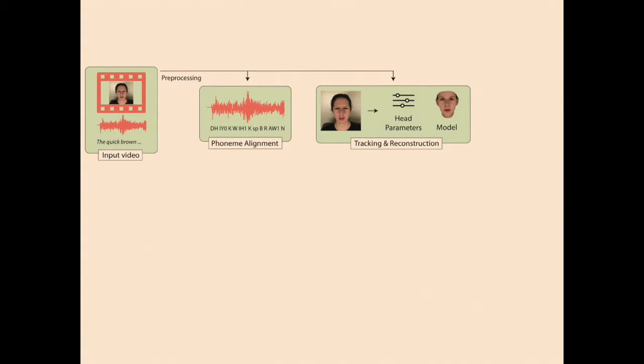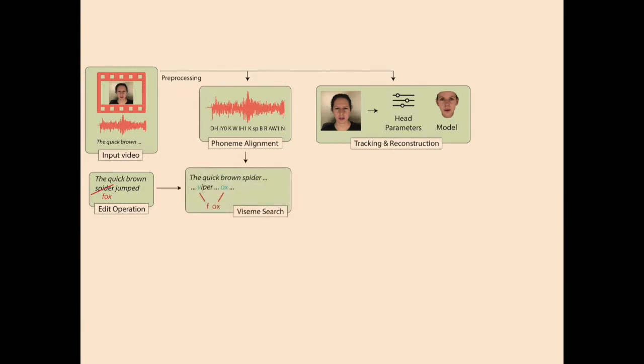Okay? And then we also take an edit from the user. So here I'm replacing the word spider with the word fox. We figure out where the phonemes of the word fox appear in the original video, right? She never said the word fox, but the phonemes for fox likely appear in the original video.